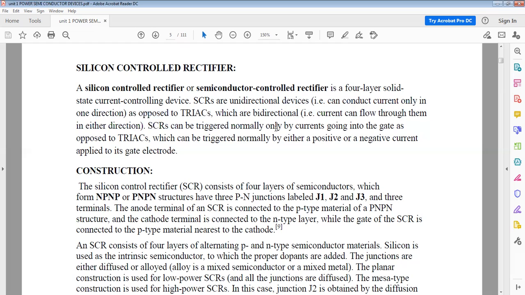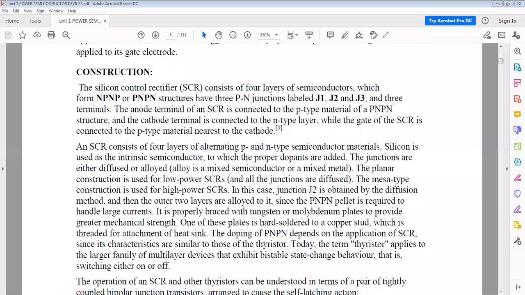If you give the current or voltage triggering pulse to the gate, then only the SCR will be turned on. SCR is a controlled device, whereas a diode is an uncontrolled device. A triac acts as a bidirectional switch.